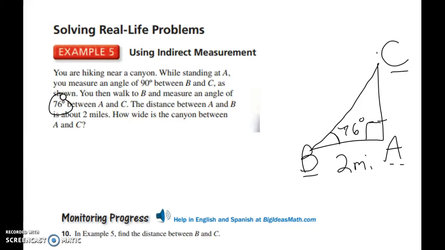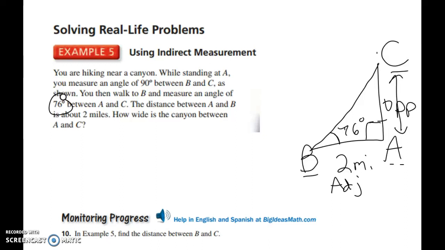And then we want to use our trig ratios to calculate how wide the canyon is from point A to point C. So let's see what's given. If the angle at B is 76 degrees, the 2 miles is the adjacent side of our right triangle. And we're looking for the distance from point A to point C, which is opposite the 76 degree angle.